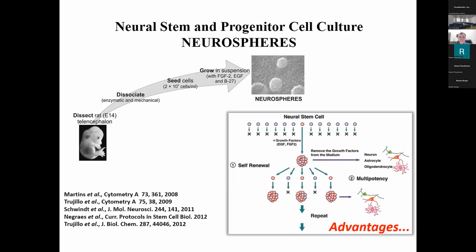You dissect the embryonic brain of a rat or a mouse, and then you put individual cells of the telencephalon into culture, and each of the cells will form a neurosphere by clonal expansion. After initial proliferation, you induce the cells to differentiate by removing the serum, and then the cells will differentiate into neurons, astrocytes, and oligodendrocytes.